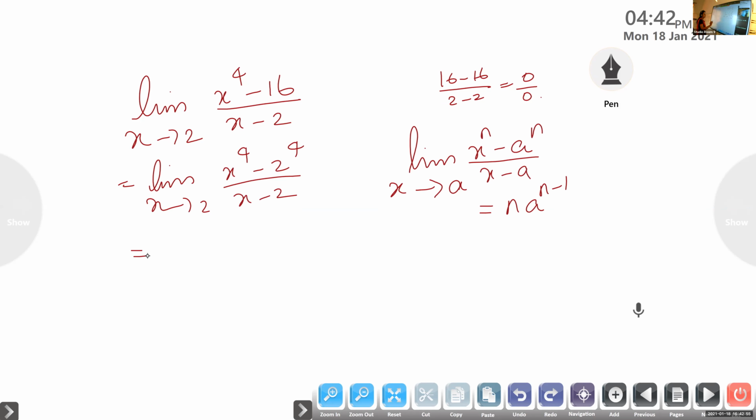So when you put a and n, what will you get? In the place of n, you have to put 4. Yes, 4 into 2 raised to 4 minus 1. So it is 4 into 2 cube, which is 32.